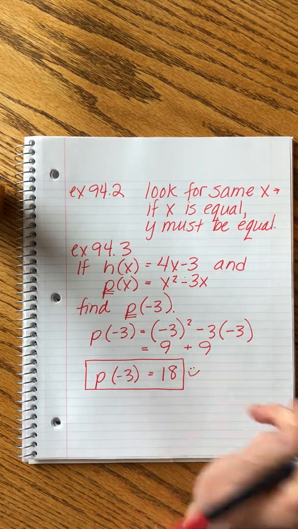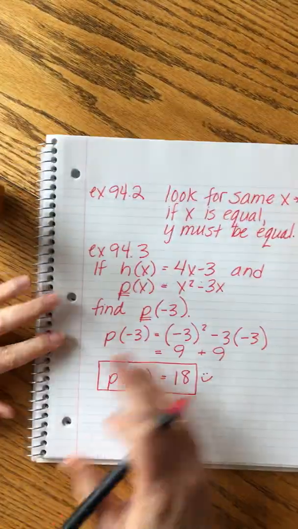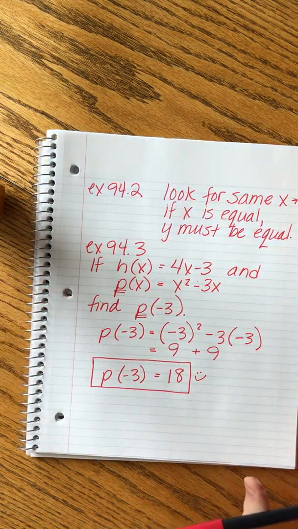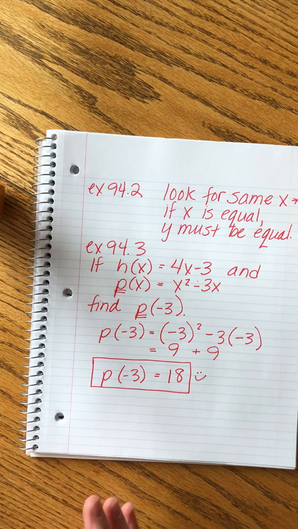On the test, I would not give you problems like this. This is the kind of testing that I would do on this function lesson. All right, so please don't think of functions as something separate that we're studying separately from everything else.